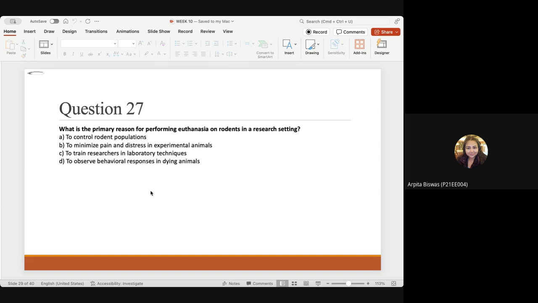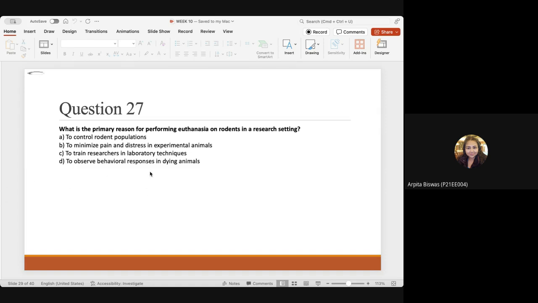What is the primary reason for performing euthanasia on rodents in a research setting? So which one is the right option? Option B. Yes, option B is the right option, to minimize pain and distress in experimental animals.